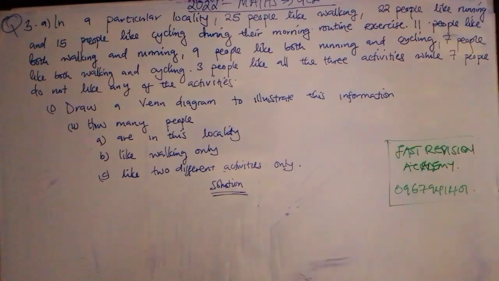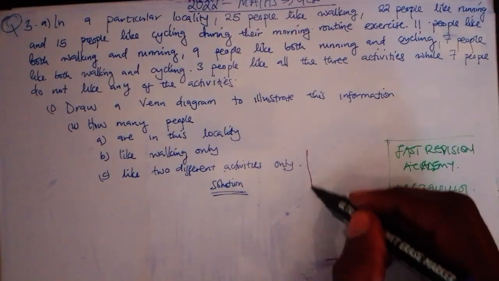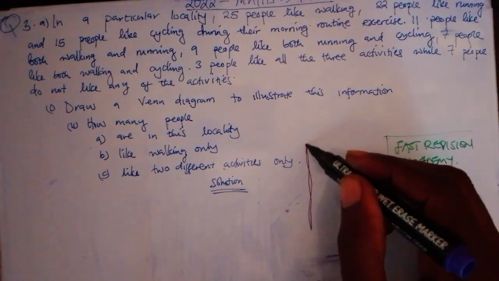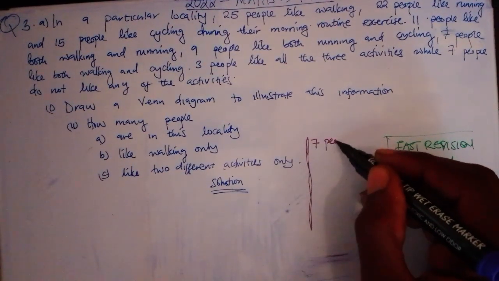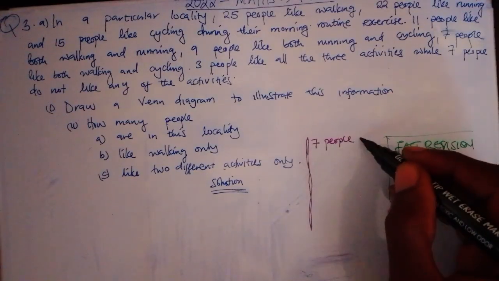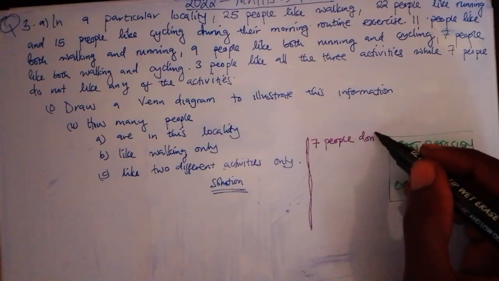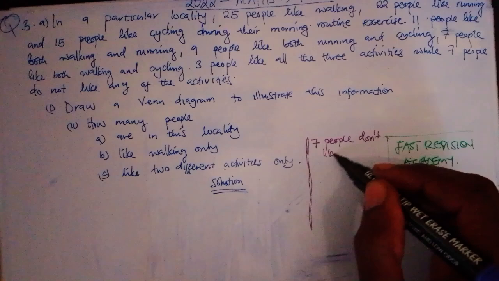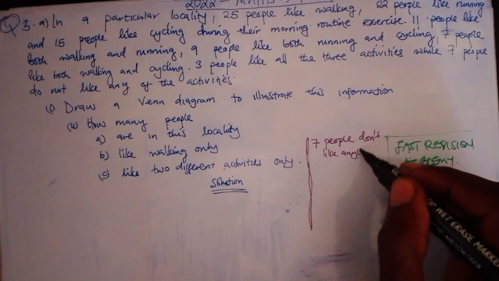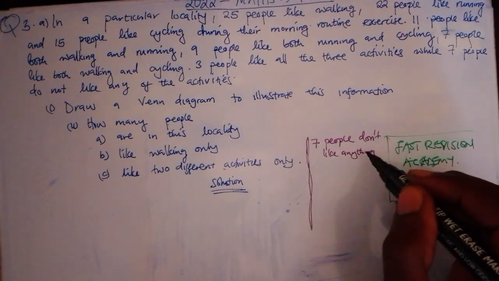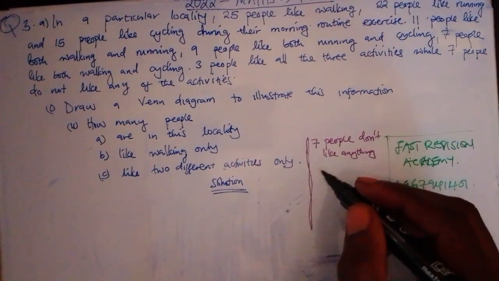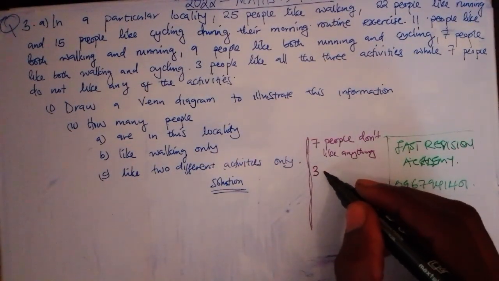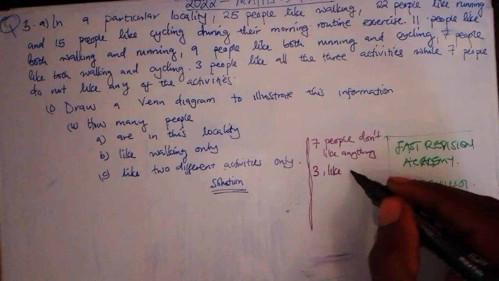So we have 7 people who do not like anything. Then we have 3 people who like all the 3 activities. So you say 3 like all.